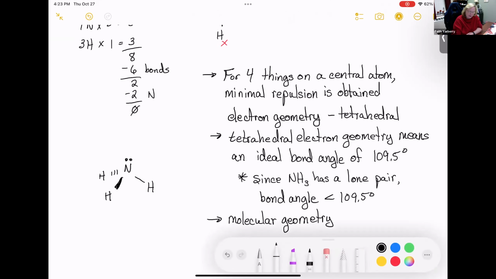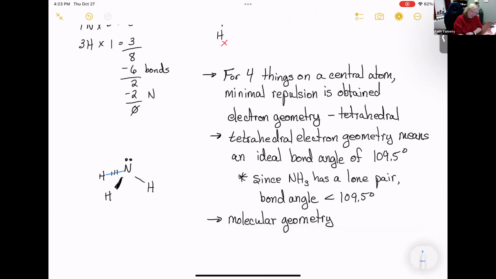And so if we look at just the bonds, what you will see is something that has a triangle, and looks like a pyramid. So it is trigonal pyramidal.